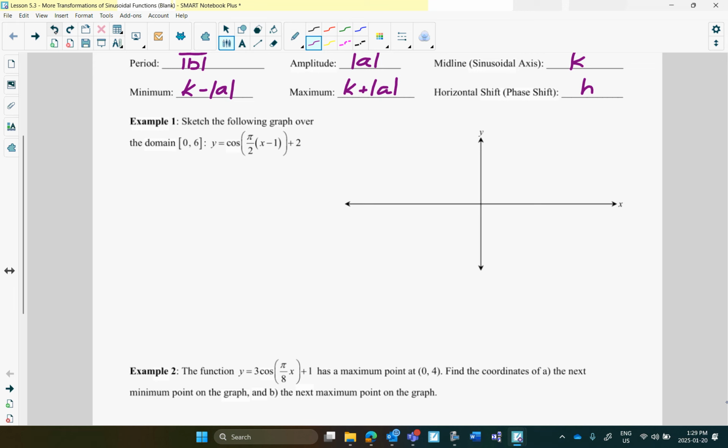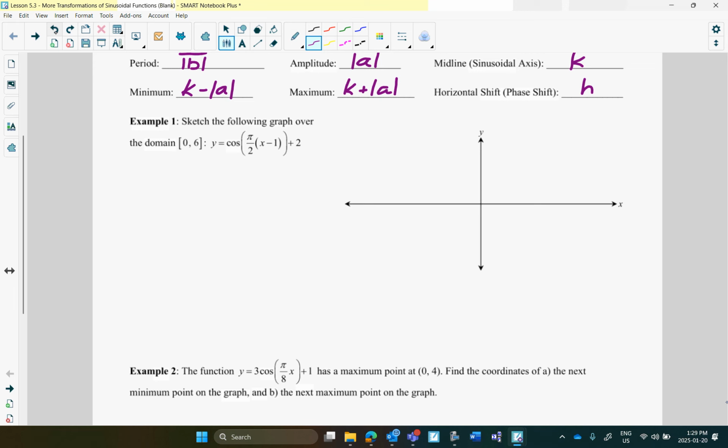What I would suggest when you see something like this is just ignore it until the very end. Graph it like you're just going to do everything, and then we'll put the restriction in after.